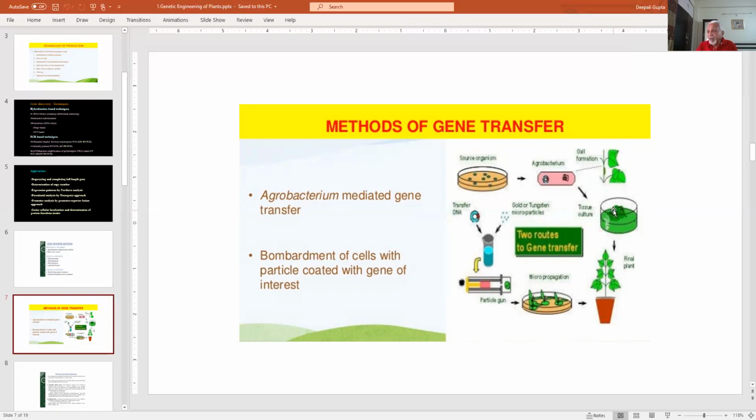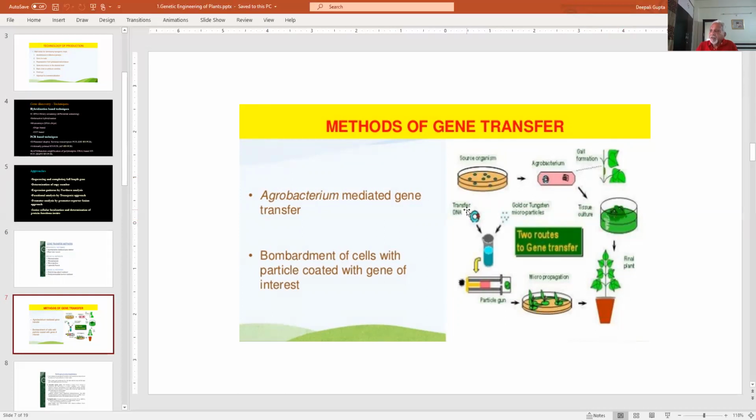This selection is done in the presence of antibiotics. And all the cells which are antibiotic resistant are then regenerated into whole plants. So this is how, in short, the agrobacterium-mediated gene transfer works.